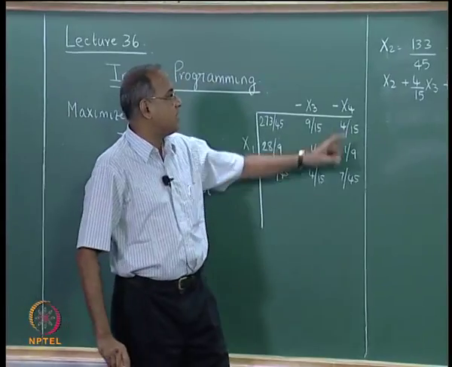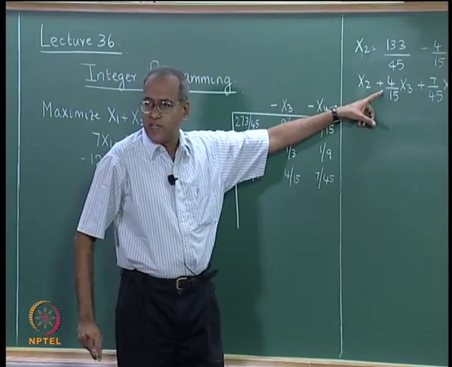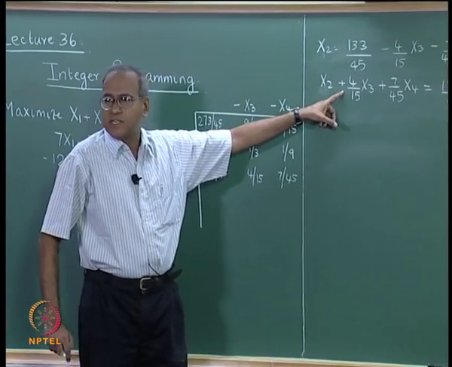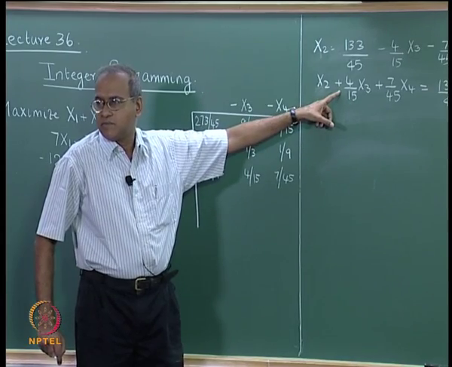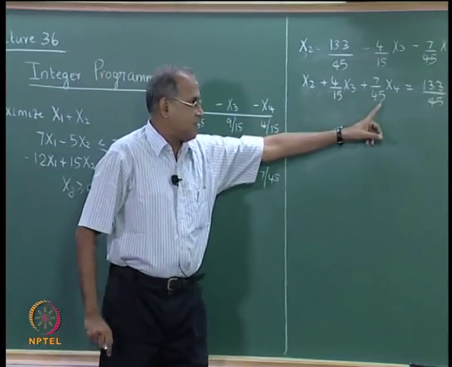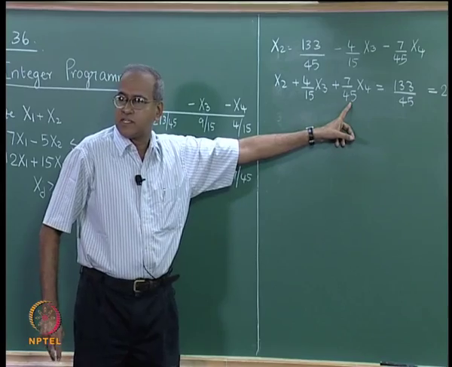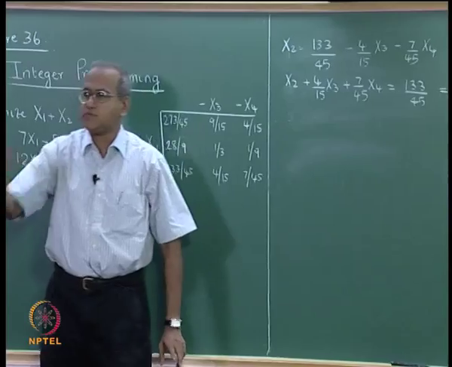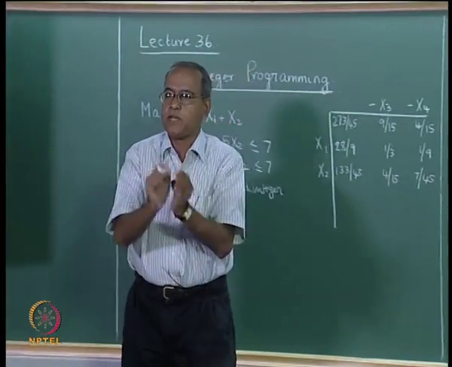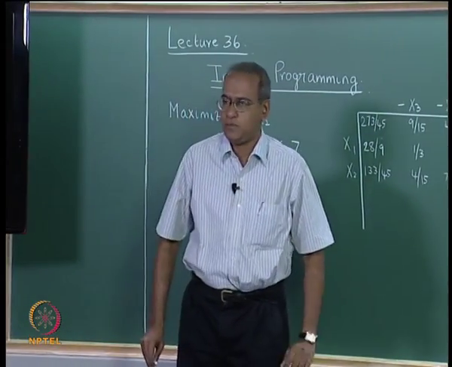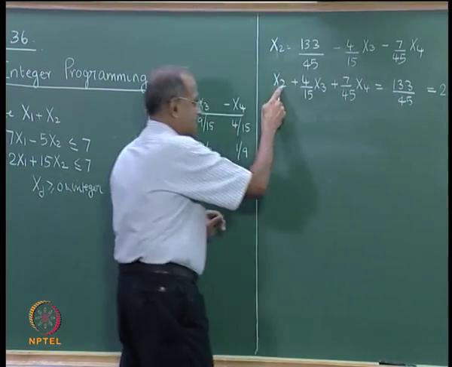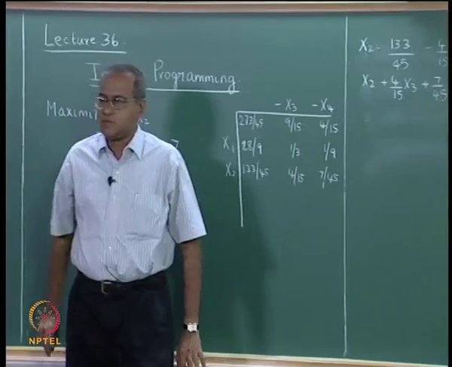For example, if this were 24 by 15 x3, this would have been written as x3 plus 9 by 15 x3. If this were 47 by 45 x4, this will be written as 1 plus 2 by 45 x4 or x4 plus 2 by 45 x4. Integers are written exactly as integers.